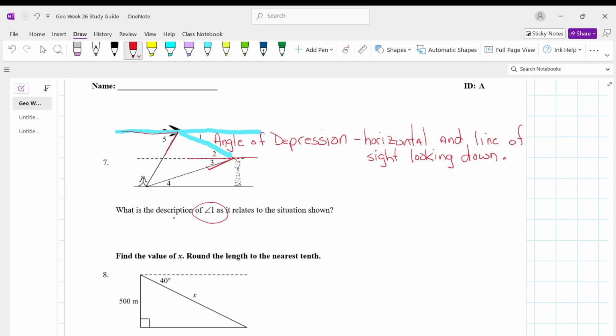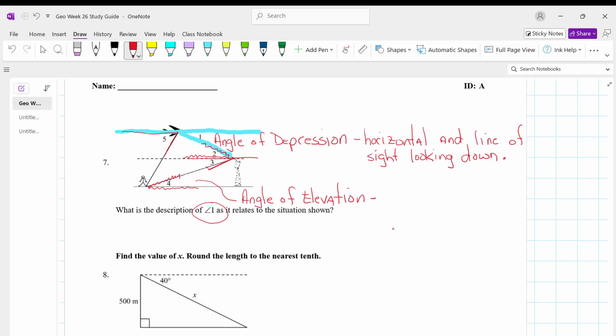Now, the other angles in this picture, you've got angle 4 right here, and you've got angle 2. All right? Those are angles of elevation. Angles of elevation are formed by a horizontal and a line of sight looking up.